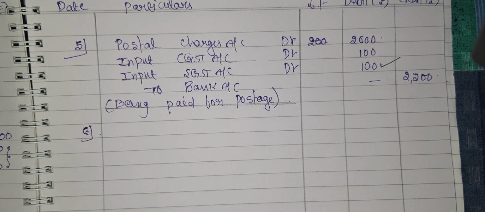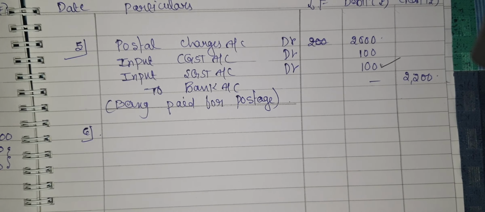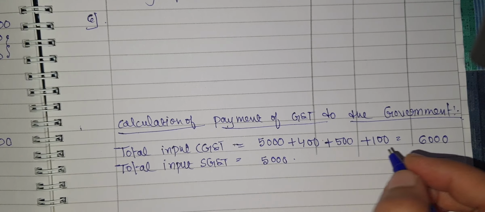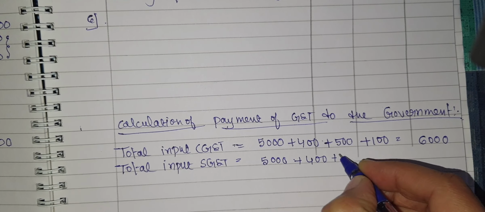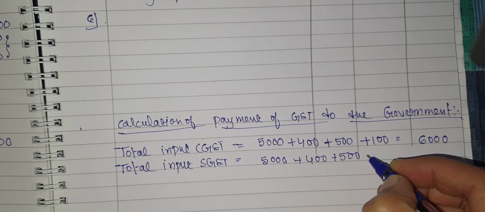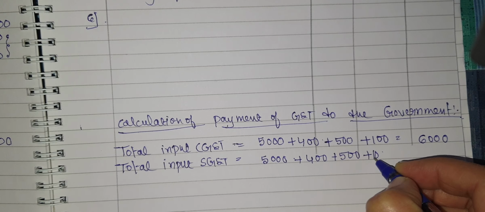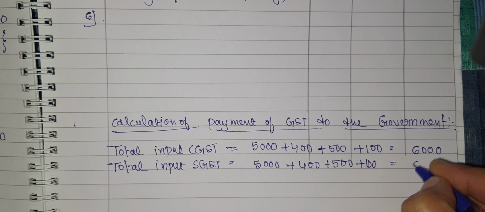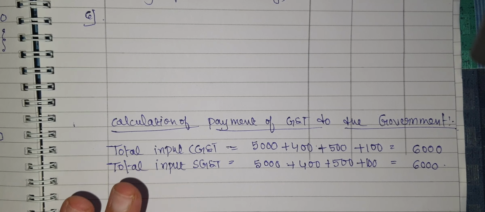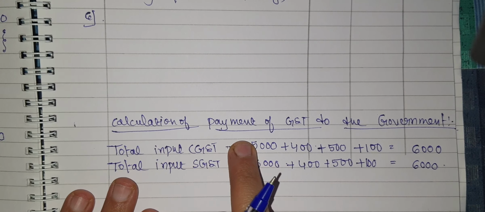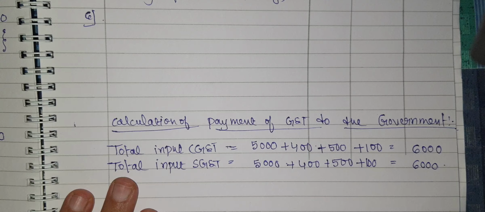So 5,000 plus 400 plus 500 plus 100 equals rupees 6,000. This is the total input CGST and total input SGST.